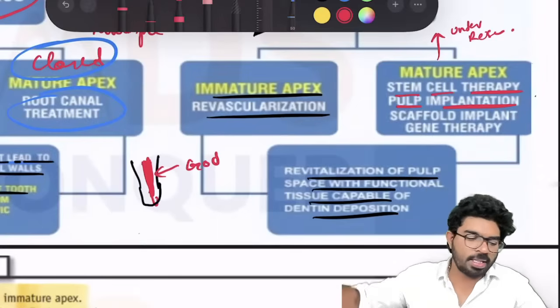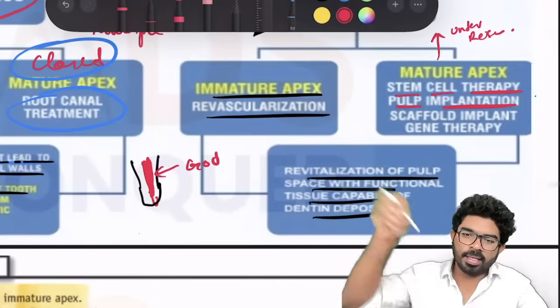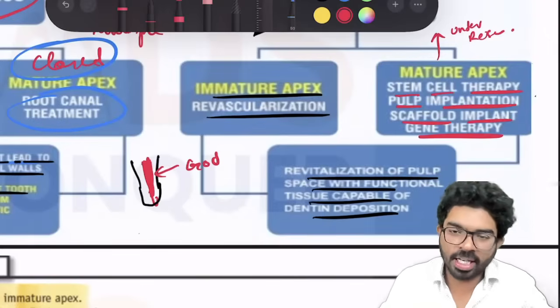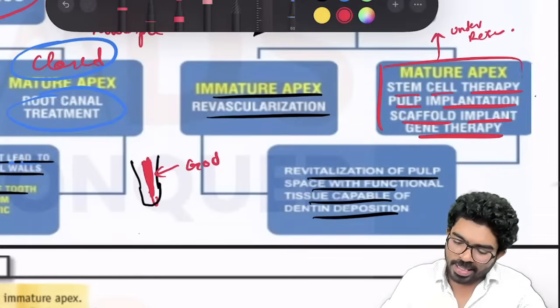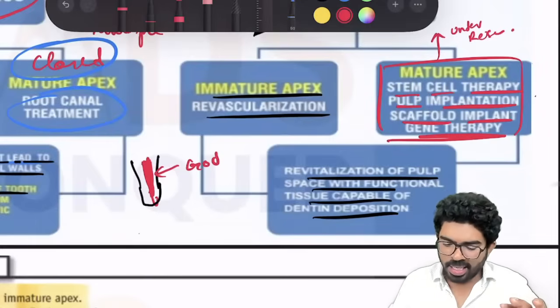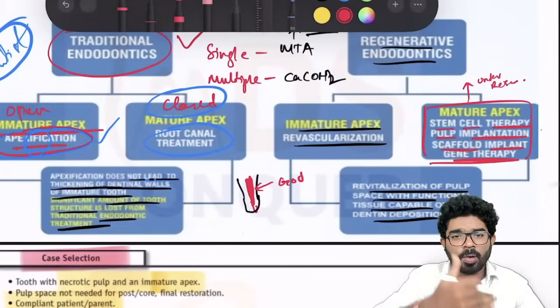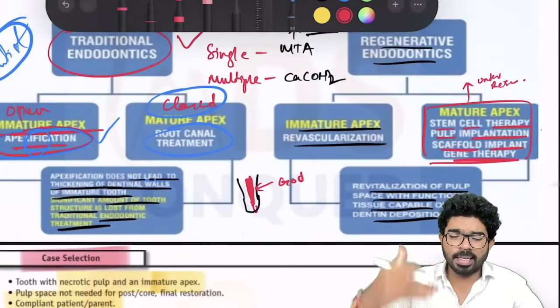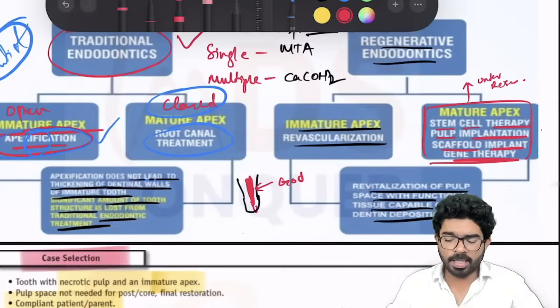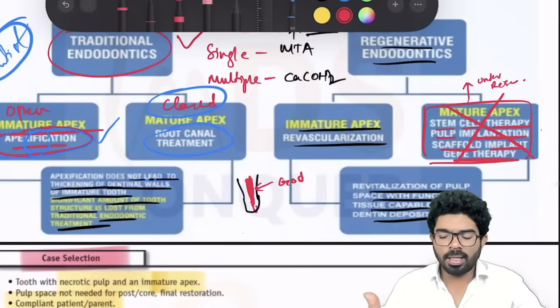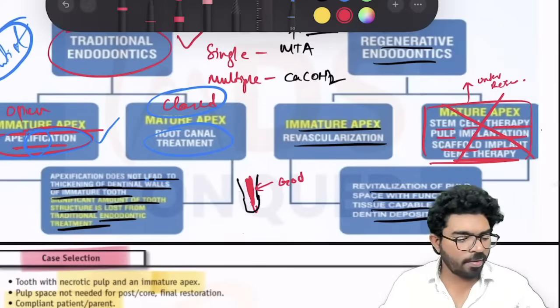I extract the pulp from there and insert it here. Or I can do scaffold implant, gene therapy, but most of these things are under research. Guys, are you clear with this? What is traditional endodontics? Open apex, closed apex. What is regenerative endodontics? Open apex, closed apex. Mature apex is not in research, so they may not ask questions on that area.